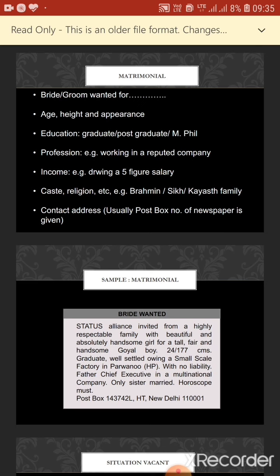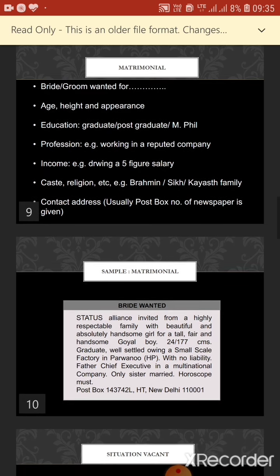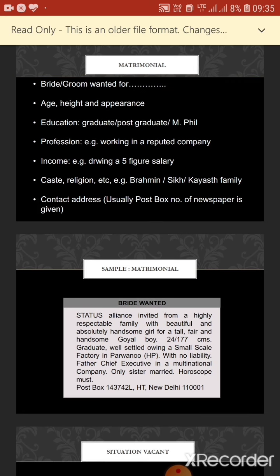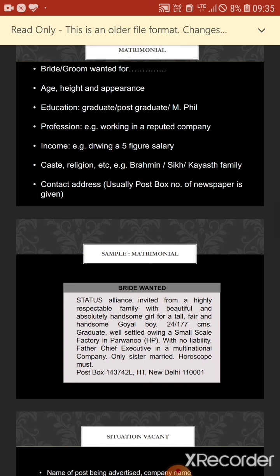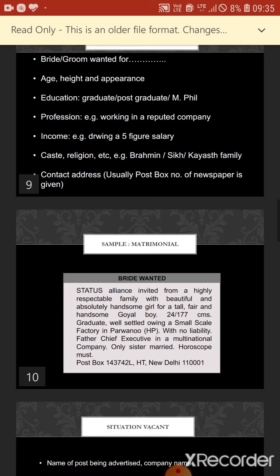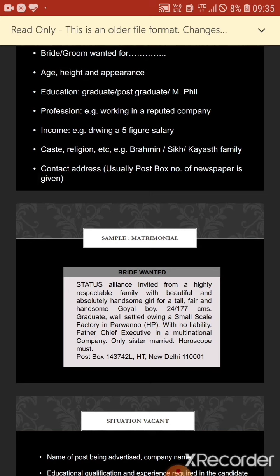Income, drawing a 5-figure salary. These are the words that make the language impressive, like drawing a 5-figure salary, not giving the exact amount. Caste, religion, for example, Brahmin, Sikh, caste, family, whatever it is, should also be mentioned according to Indian tradition. Now, contact address: generally the post box number of the newspaper in which this advertisement is published is given.